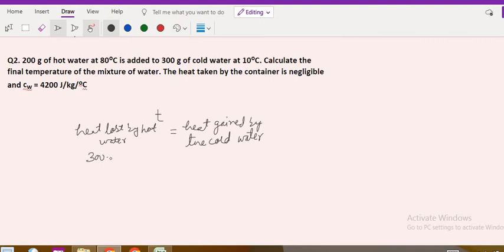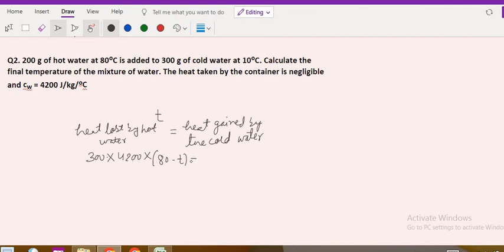So I have M into C. Now C given to me is 4200, so it would be 200 into 4200 into delta T. Delta T is the change in temperature. This hot water would be lowering its temperature and it is coming to this temperature T. So the temperature difference would be 80 minus T.